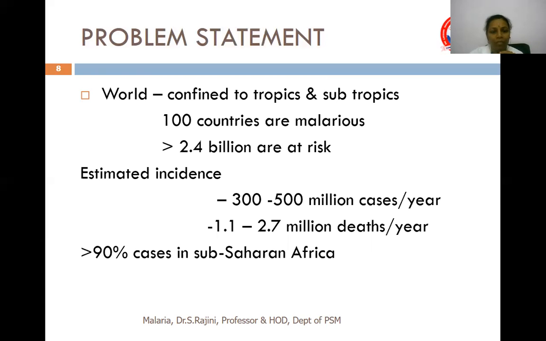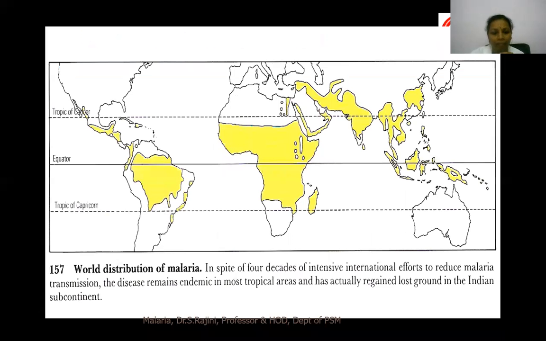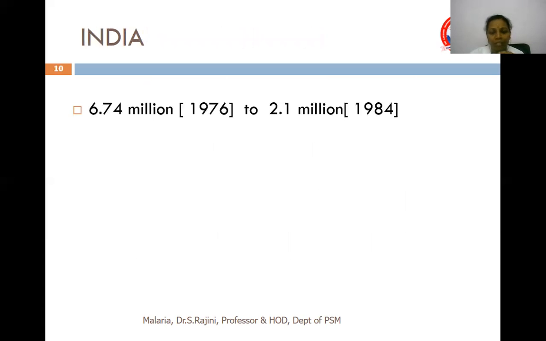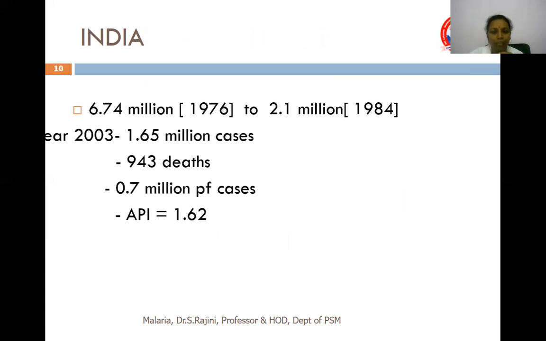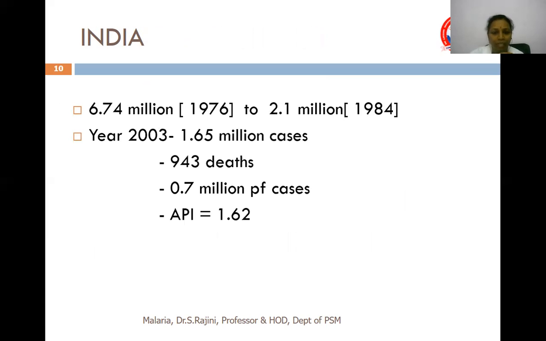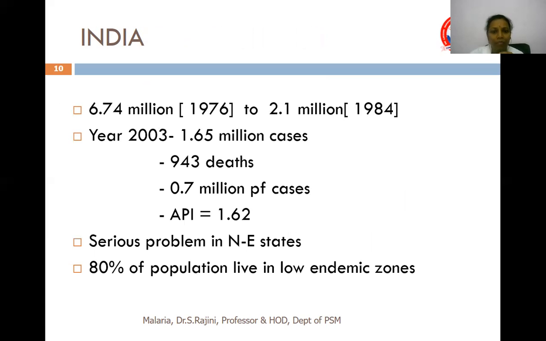So problem statement. Worldwide, malaria is confined to the tropics and subtropics. So malaria is common in the tropical and subtropical countries. More than 90% of the cases are occurring in sub-Saharan Africa. Coming to India, 6.74 million to 2.1 million cases are there every year, and we have nearly 1,000 deaths every year.